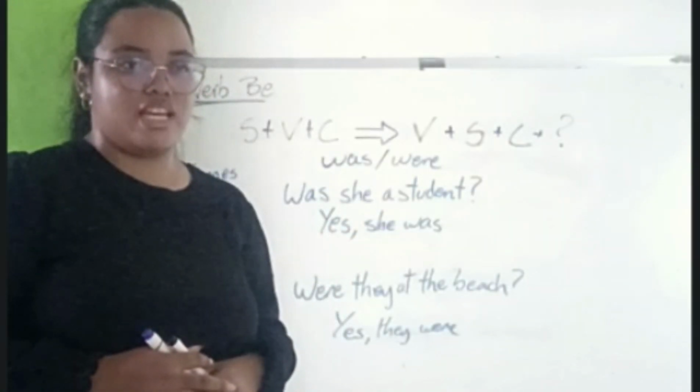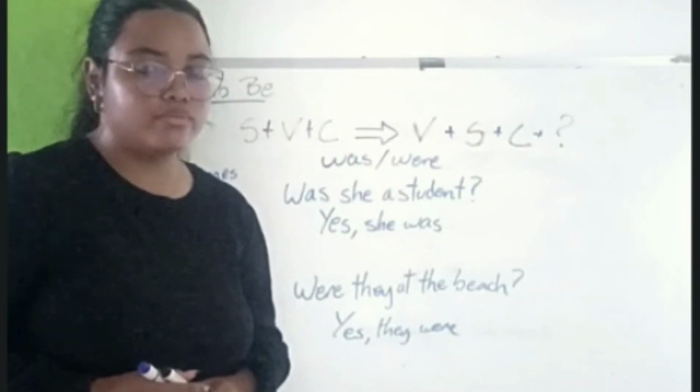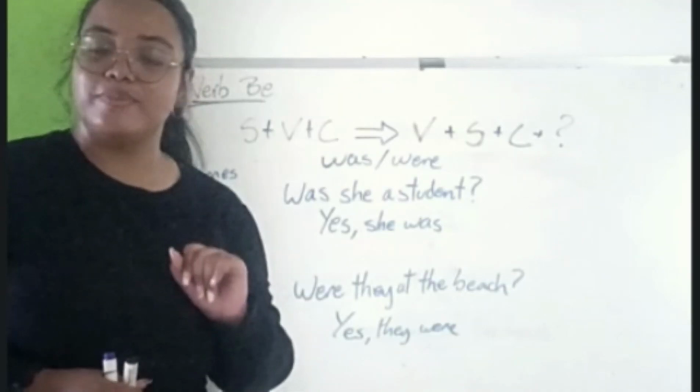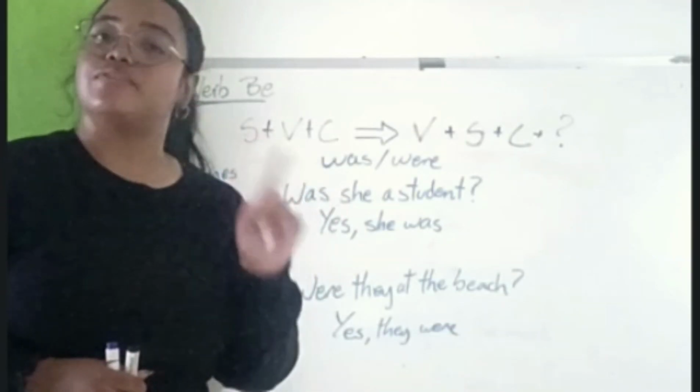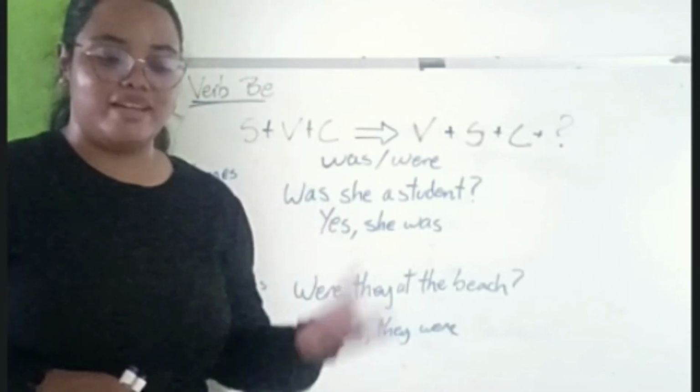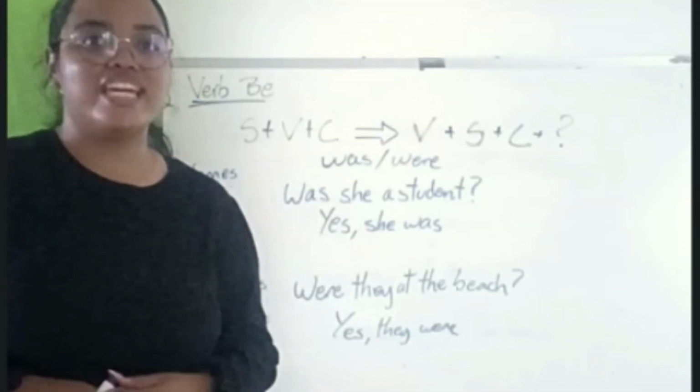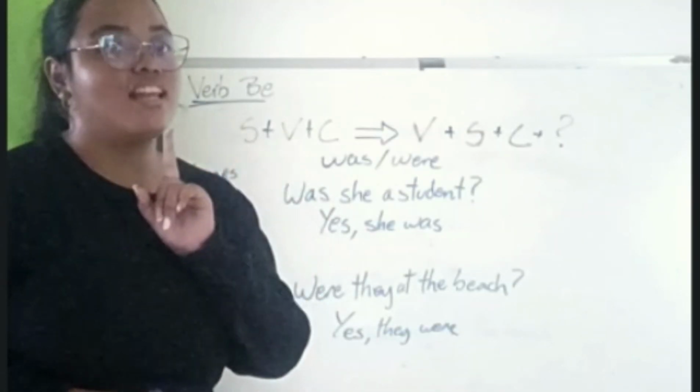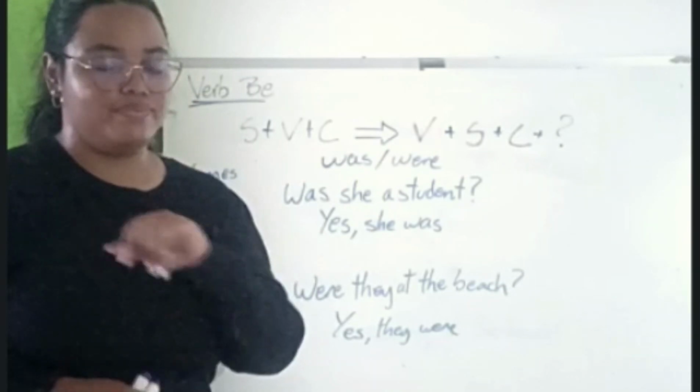But if the answer is no, okay, we put no, then the subject, then the verb, and then the negation. In English, here in past tense also, we can contract the verb with a negation, with not, like this.